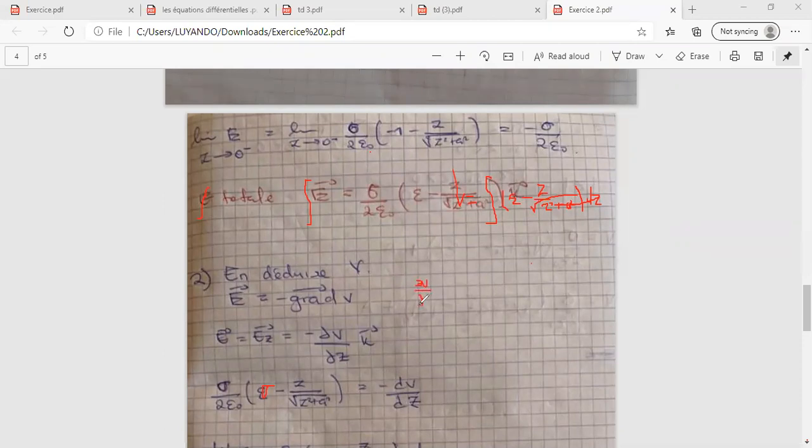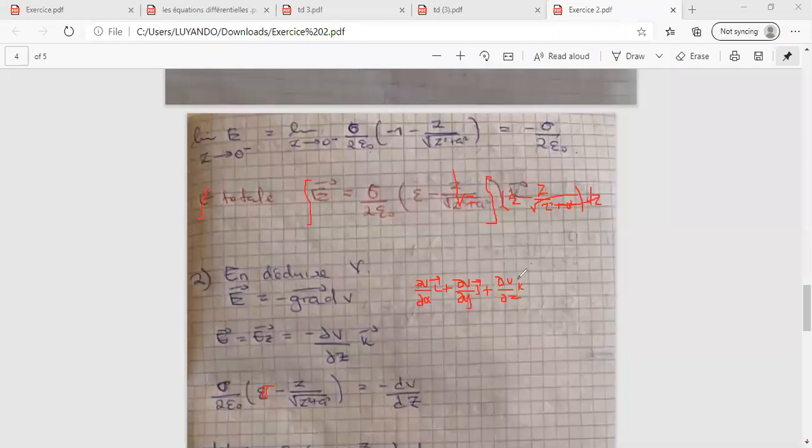dx in the direction EX, plus dV over dy in the direction J, which is my EY, and then plus dV over dz in the direction K or EZ.